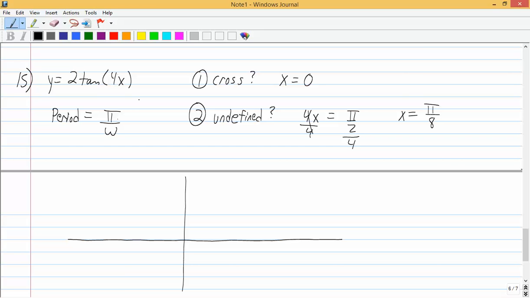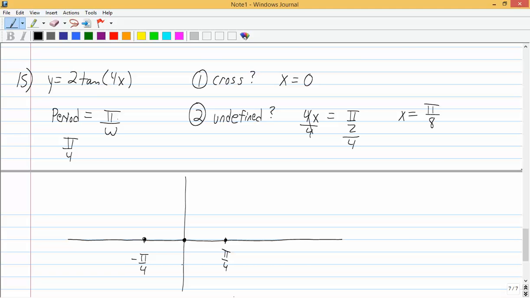So here, the period is equal to pi divided by 4. So if I know one place that I cross, I know that if I add pi over 4 to that, or I subtract pi over 4 from that, that's going to be other places where you also cross.